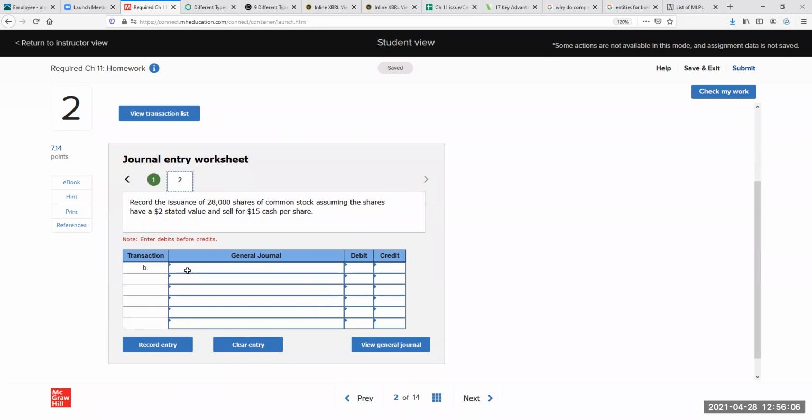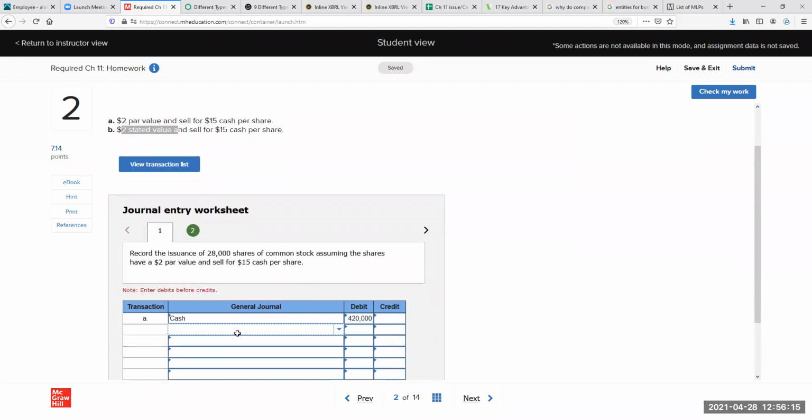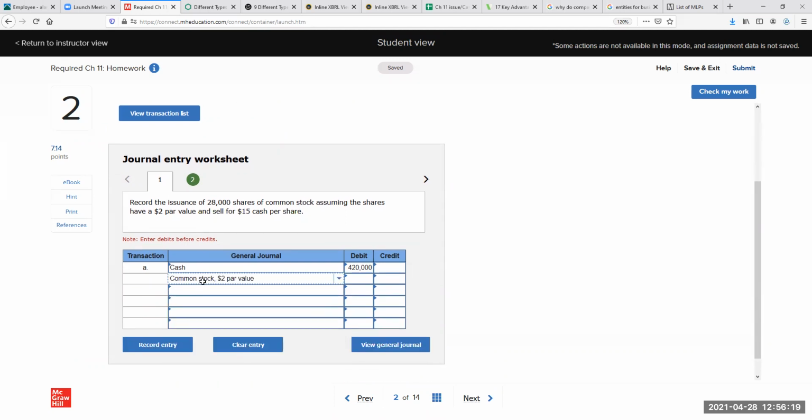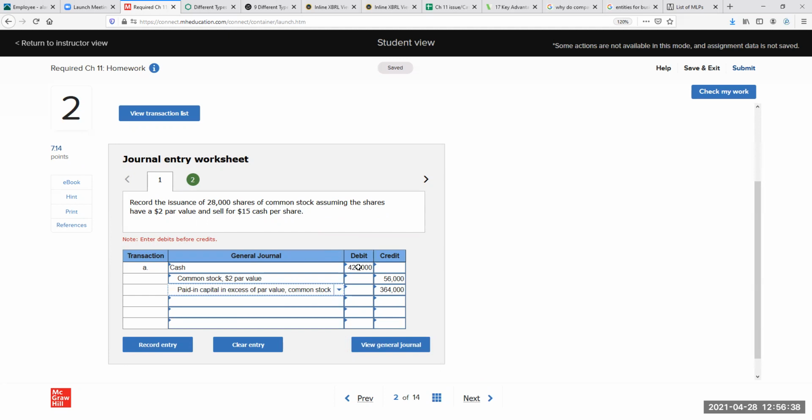Now, over here it's only $2 par. So how much is the common stock credited for? It's $2 par, number of shares times the par, 56,000. And anything above the par goes to paid in capital above the par.